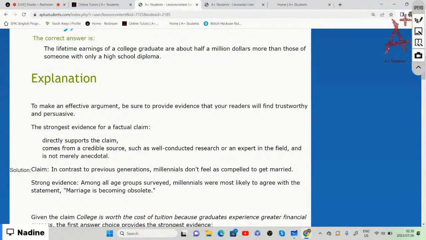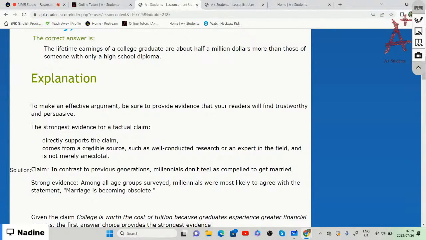They say that the strongest evidence for a factual claim directly supports the claim, comes from a credible source, such as well conducted research or an expert in the field, and is not merely anecdotal. So, in order for you to have strong evidence for factual claims, you need to directly support the claim that you are about to make.